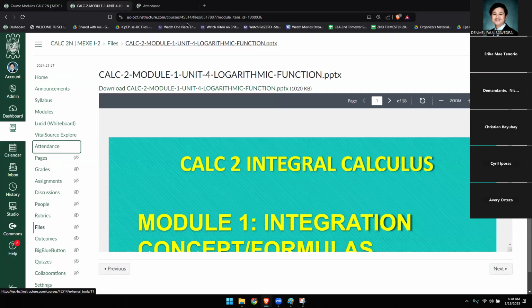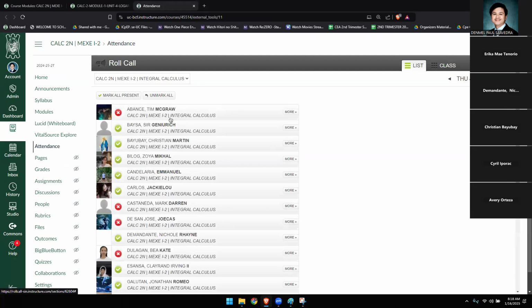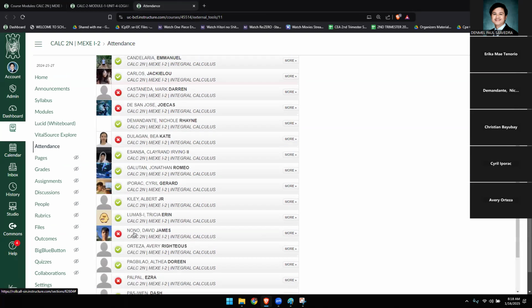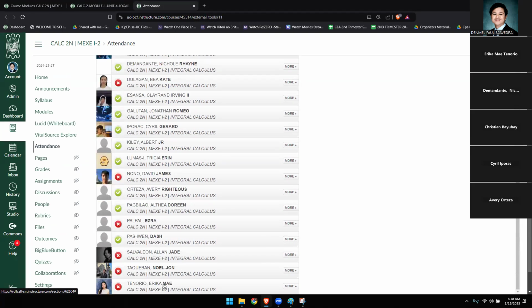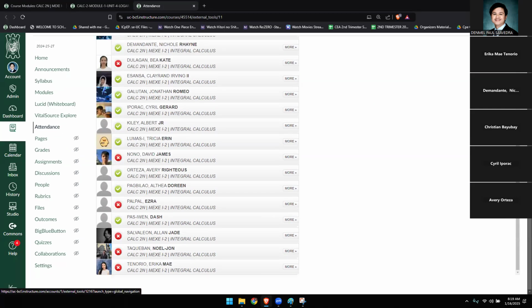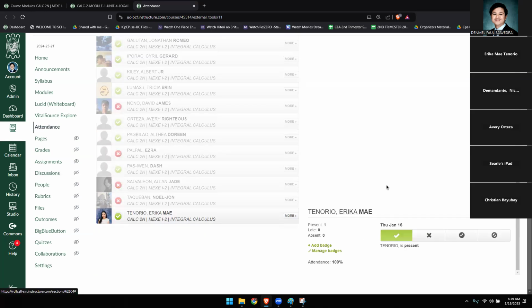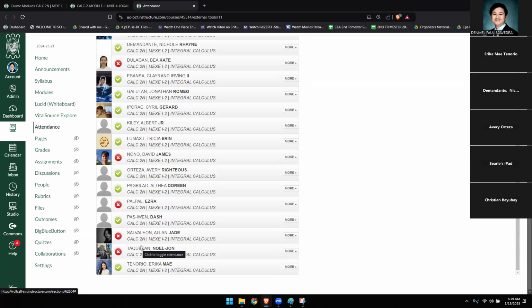Again, let me just recheck your attendance, to see who newly arrived. Abance, Castañeda, de San Jose, Dulagan, Nono, Palpal, Salvalion, Takeban, Tenorio. Is there anyone new? I see that Tenorio is already here. What about Takeban, Salvalion?